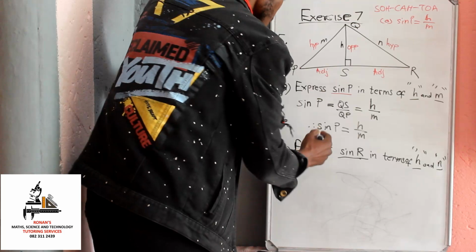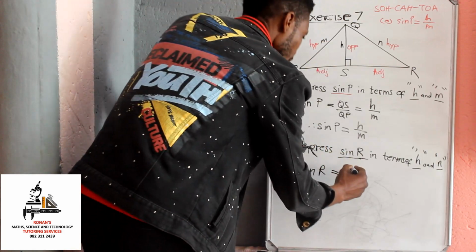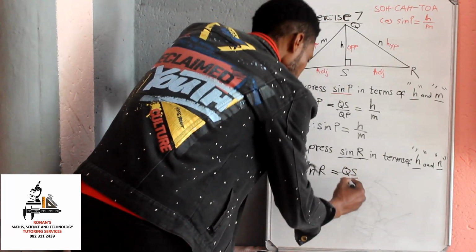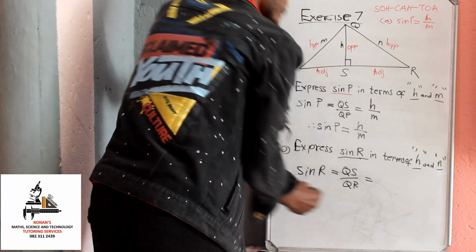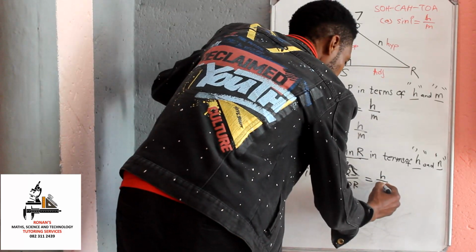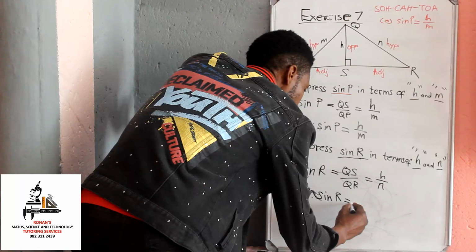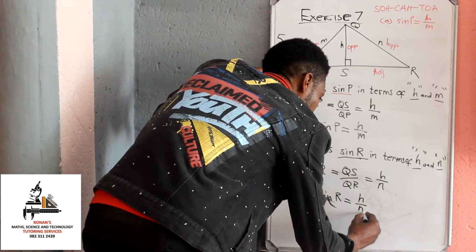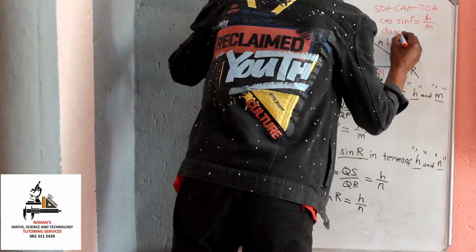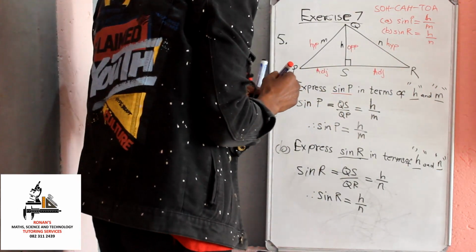This is the opposite side, so sin R is equal to side QS over the hypotenuse, side QR, and that being H over N. Therefore, sin R is equal to H over N. And then I'm going to write that here for B. Sin R is equal to H over N. Now I've got two equations given there.